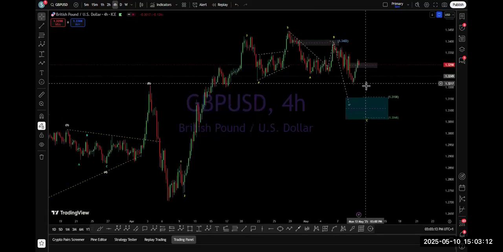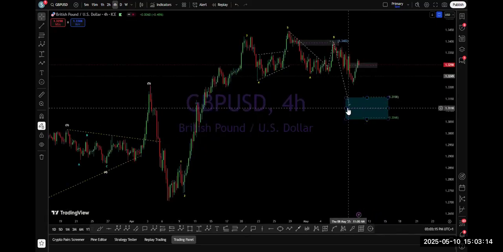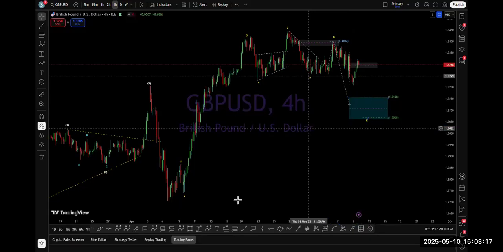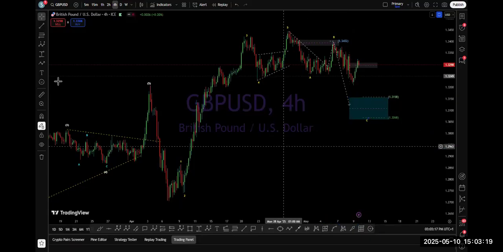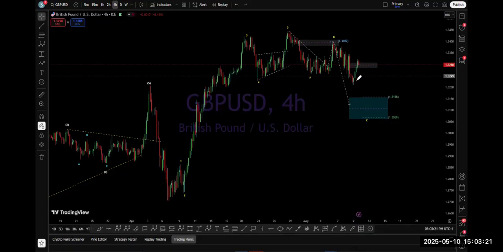Pounds USD, my target is here, but it didn't come to this target. Now, two things are involved. One, it will still come back before buying, or it will just go sideways and buy.